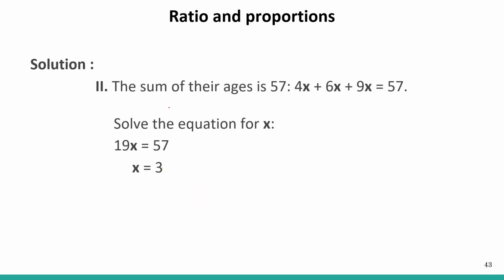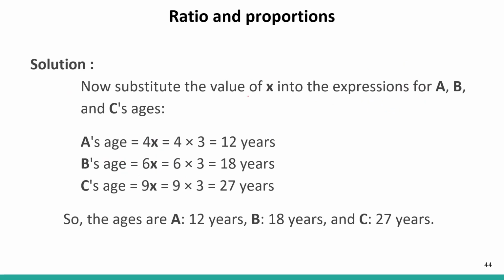The sum of their ages is 57, so 4x plus 6x plus 9x is equal to 57. Solving for x, we are left with x equal to 3. Now substituting the value of x into the expressions for A, B and C to evaluate their real ages, we get 12 years, 18 years and 27 years for A, B and C. A's age is 4x, B's is 6x, C's is 9x.